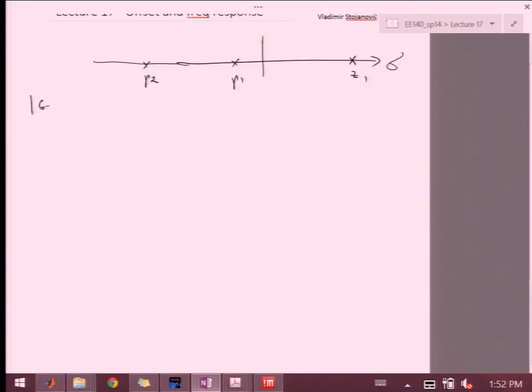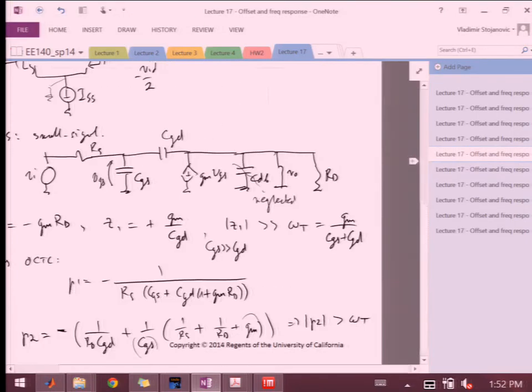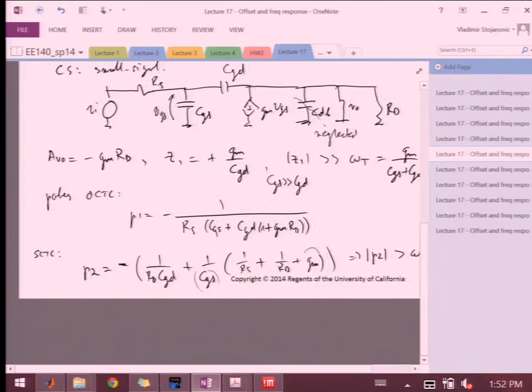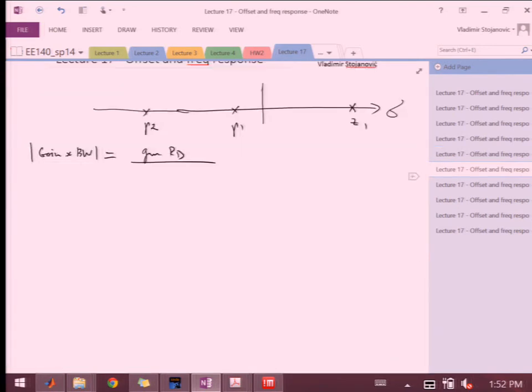If we look at the gain times the bandwidth, this is an interesting property. We had gm RD, which was the gain. And then if you look at the bandwidth, we're really multiplying by the pole P1. And in P1, I'm assuming that the Miller effect is actually pretty dominant. The CGD gm RD is really the most dominant factor.